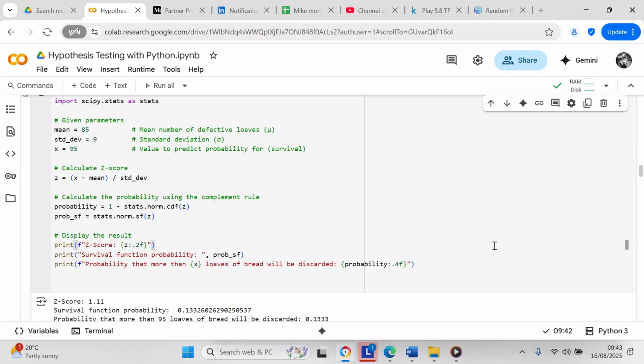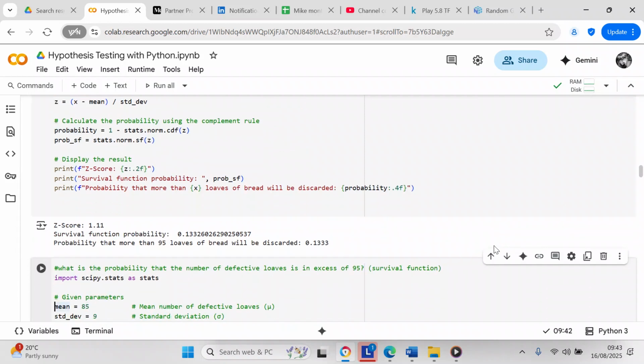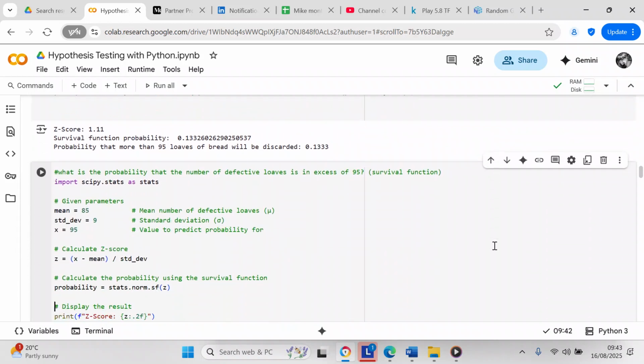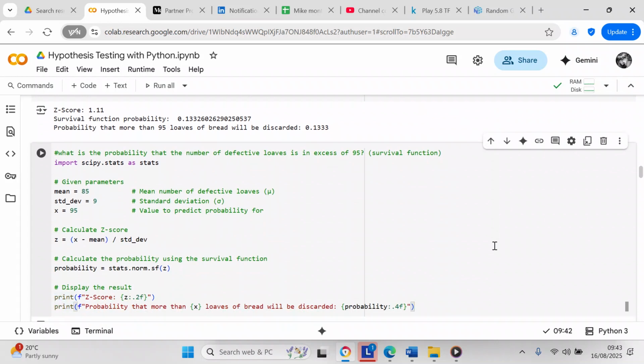Okay, so the next thing that we're going to do is go over another question: what is the probability that the number of defective loaves is in excess of 95? And that is exactly what I just did with the survival function.